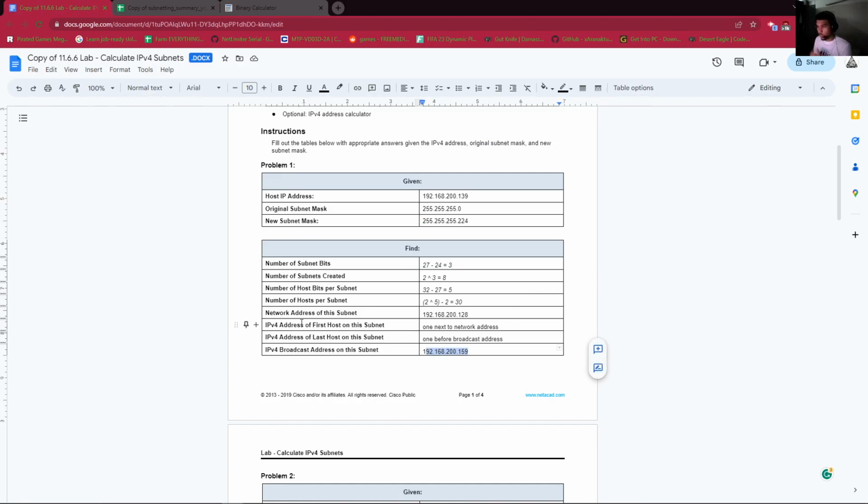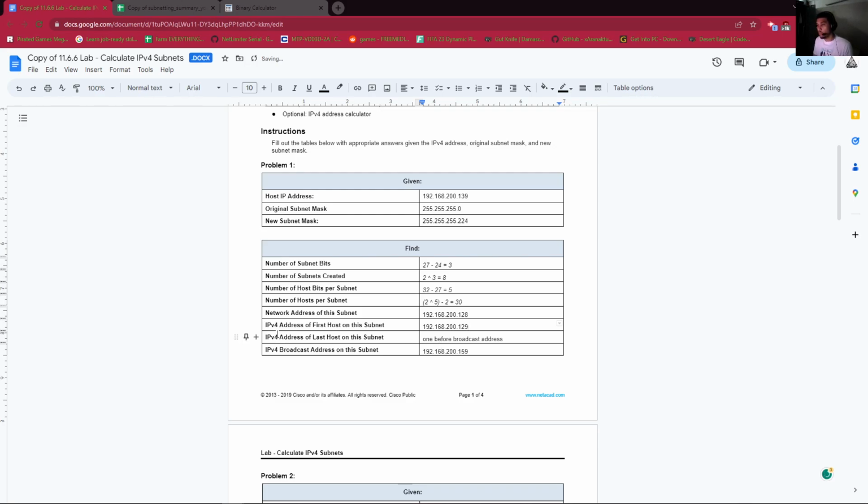For the IPv4 address for the first host of the subnet, we need to pick the one next to the network address, which is after 128, so we get 129. So it is 192.168.200.129.